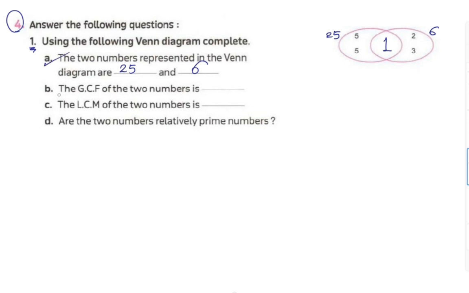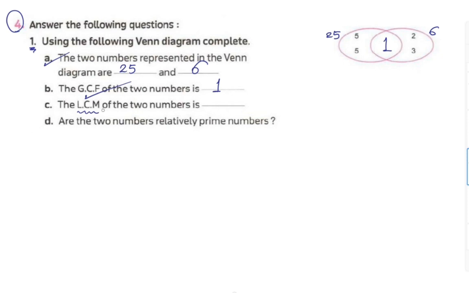Okay. B. The GCF. Where is the GCF? The GCF comes from the common factor, multiplying the common factors. And I have no common factor here, or just 1 is the common factor, and the only common factor is, of course, the GCF also. Now we ask about the LCM.